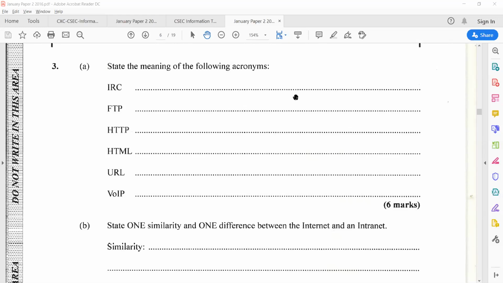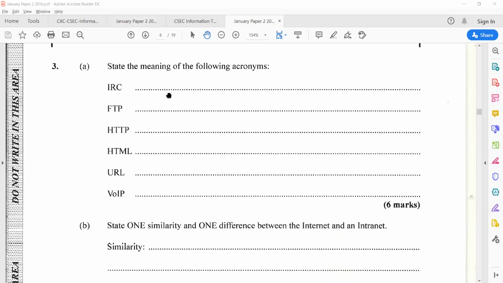The acronym FTP. Anybody know what FTP is? File Transfer Protocol. Right, so FTP is File Transfer Protocol. HTTP. Hypertext Transfer Protocol, I think.